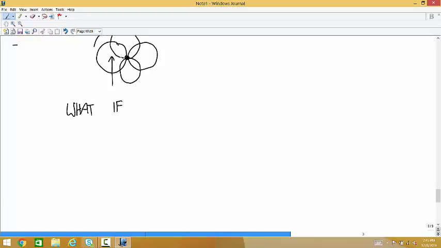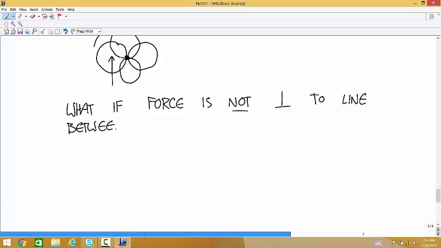So what if the force is not perpendicular to the line between the axis and that point P?